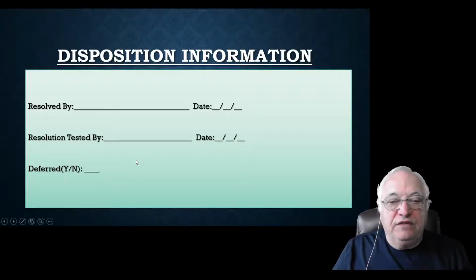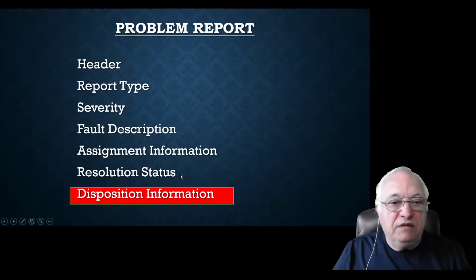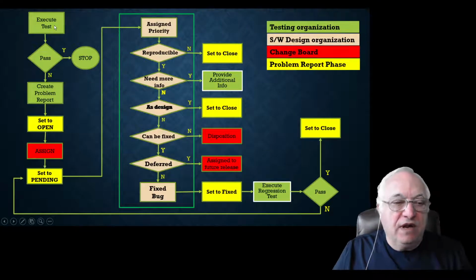The different screenshots that I showed you are what you would actually find in your database once you find the error and enter the inputs. As the designers get to the different phases, when they fix it, they would actually go to the database and change the state once they get things done. So let me go back here. The test organization sets it to open, then the change bar is the only one authorized to set this to pending.